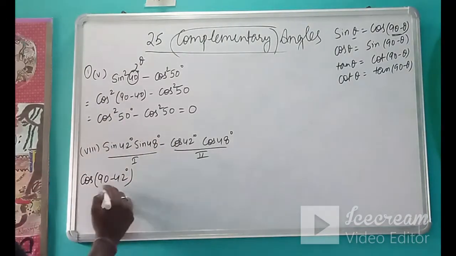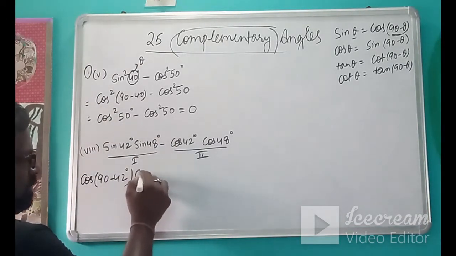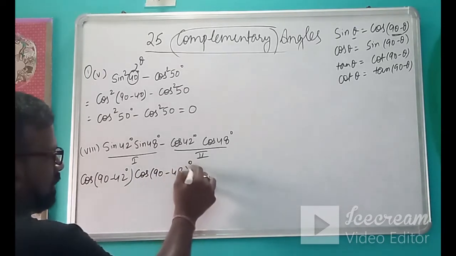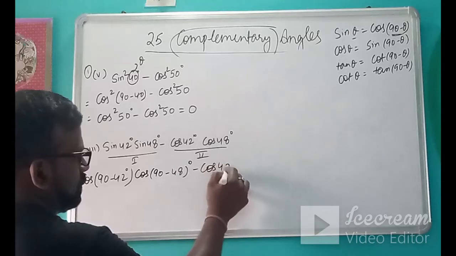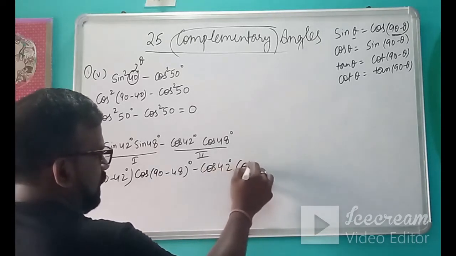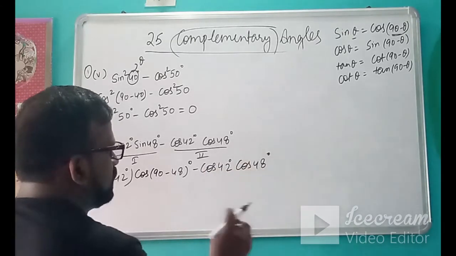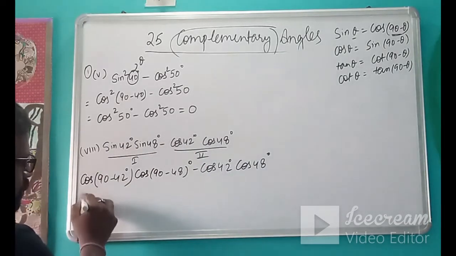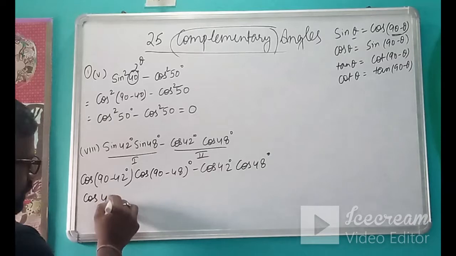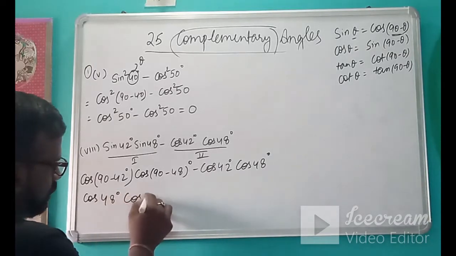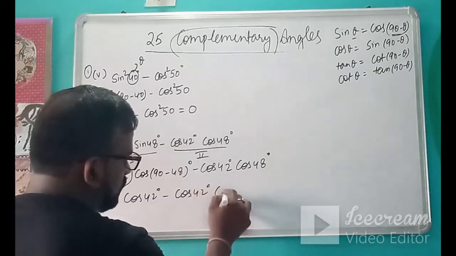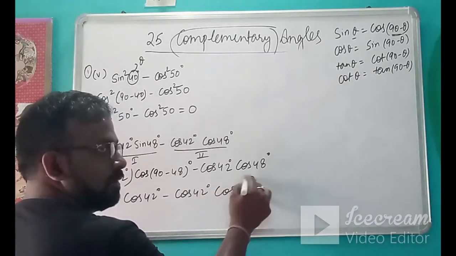Okay. So now sin 48, again cos 90 minus theta, and this we will not change. Okay, if you change it, then again you will get the same expression. So either you will change this expression or this expression. So what you will get here, 48 degree, 42 degree, 42 degree, 48 degree.